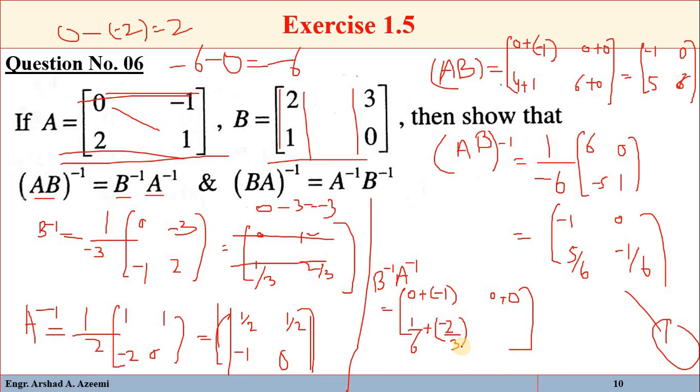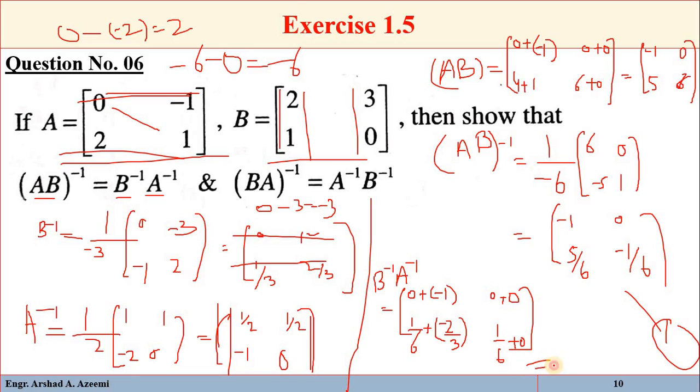Similarly, now the second row with second column, so 1 over 3 multiplied by 1 over 2, so it will be 1 over 6, and 2 by 3 multiplied by 0, so it will be 0.